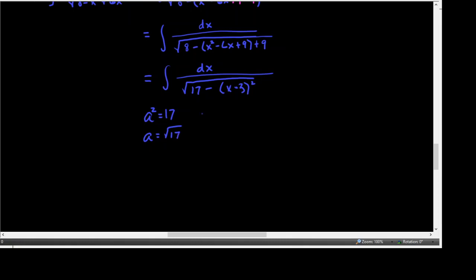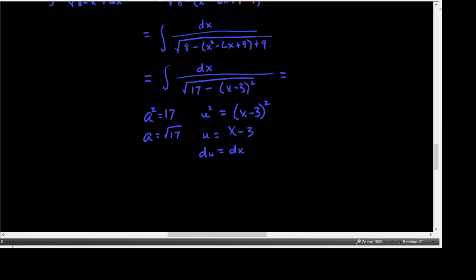We identify u squared as x minus 3 quantity squared, which means that u must therefore be x minus 3. And so du is 1 times dx. So we have exactly what we need to use number 18.